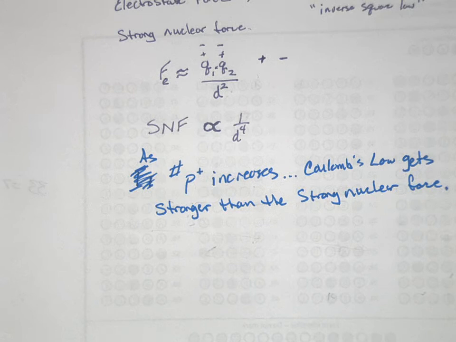This is the largest nucleus where you don't have an automatic breaking apart of the nucleus, where protons don't start ripping apart. Coulomb's law is not yet strong enough to break the strong nuclear force.